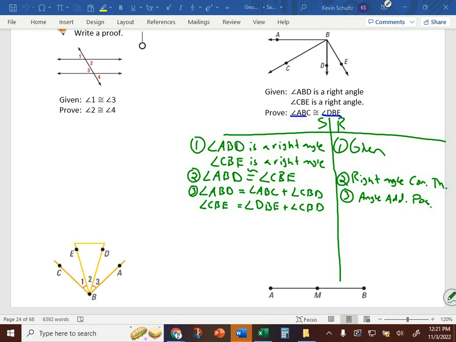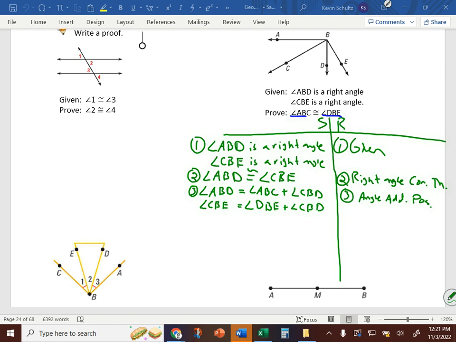Yes. So the trick of the proof is, how can I introduce ABC? What do I know about ABC? Now there are no measures given, right? Except for what we're told are right angles, and so just look for anything. I know that this all started because Max said, I know ABC is a part of ABD, right? And from there we said, okay, how can we work that into a mathematical postulate or theorem? And we said, well, ABC is a part of it.